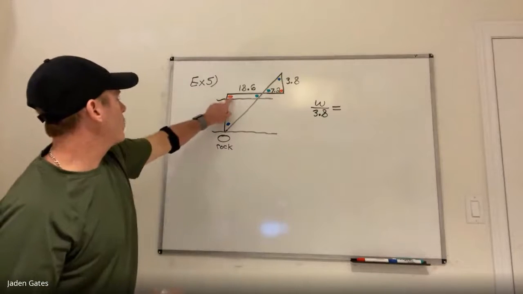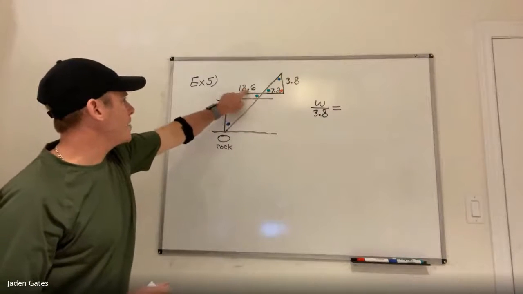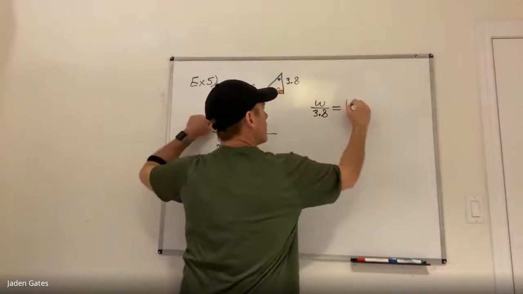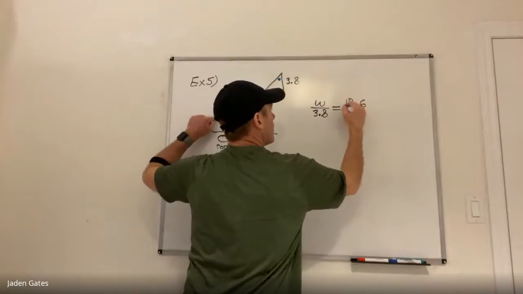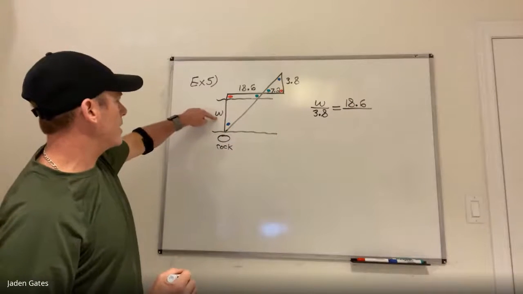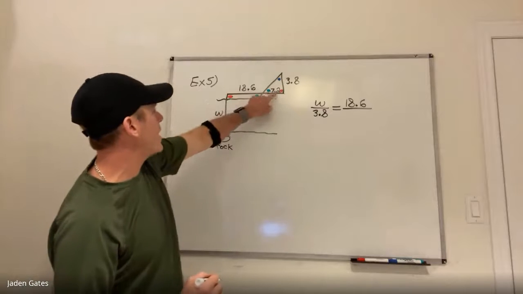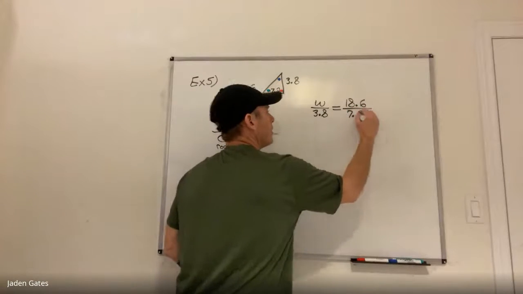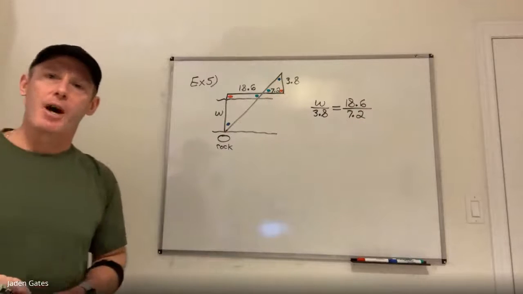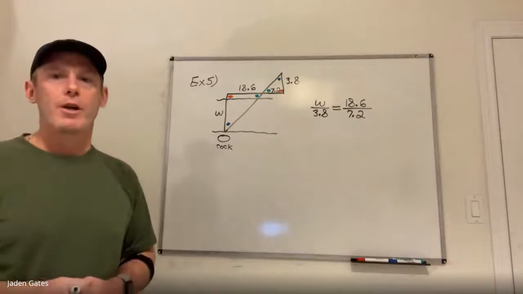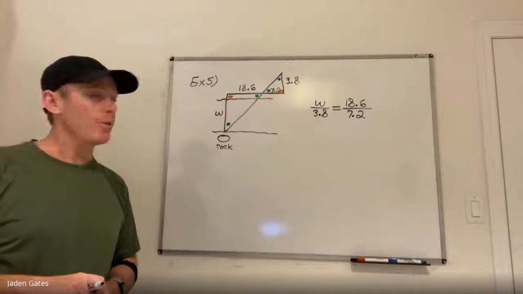Now, from red angle to green angle is 18.6. That's my big triangle, so that's going on the top. And of course, the last side I'm looking at is from the green angle to the red angle, which is 7.2. And there, now I've set up my equation using the fact that in similar triangles, matching side ratios are equal.